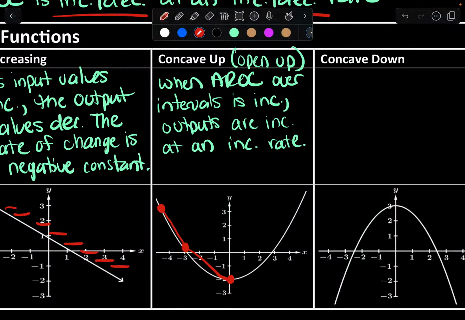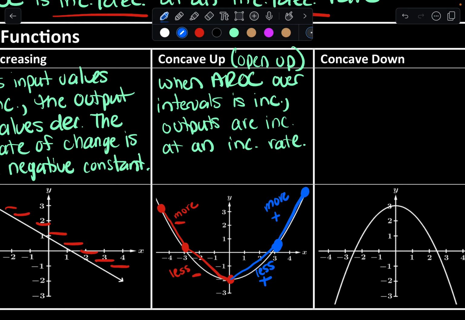Now, this is more negative, but as I continue through the function, I can look at the slope of this secant line. It's less negative. And then as we come around the vertex here, if I choose another 2 points as I travel, this is going to become positive. And then I choose another secant line. This is positive as well, but this segment here is more positive than that first segment.